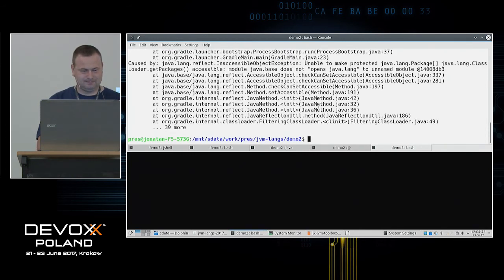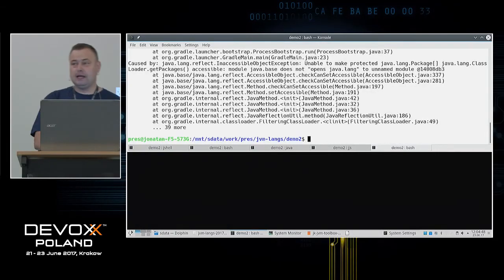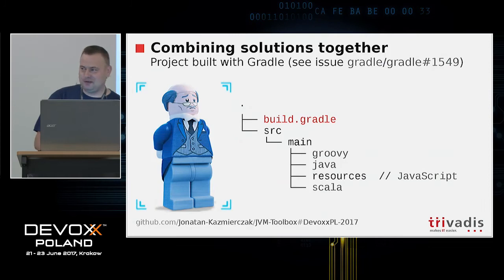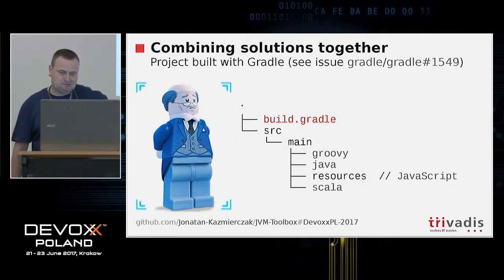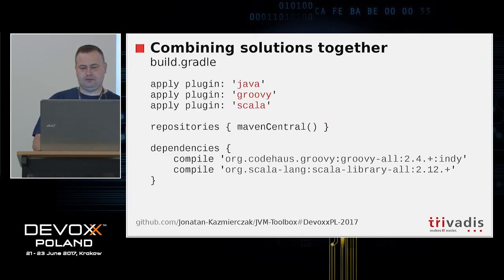Ooh. Yes, that's how it behaves now on Java 9. So yes, our Gradle colleagues still have some time to make it work on Java 9, and I'm pretty sure they will be on time. Great. But let's move now to the build definition, to the build Gradle file.